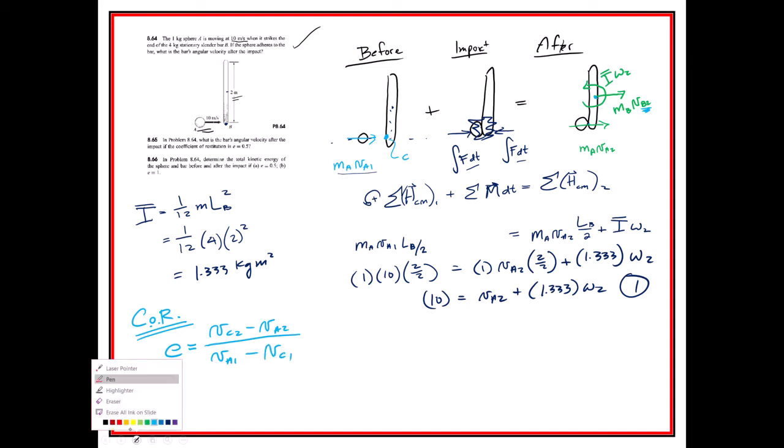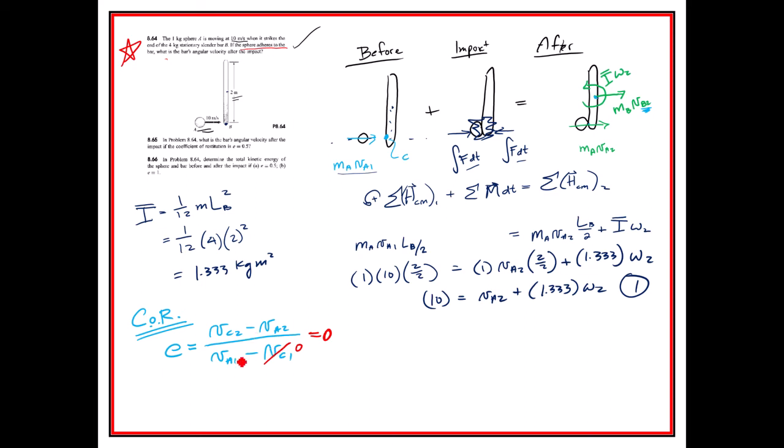Now, it just so happens as part of this that VC1 is going to be 0. And we know that if the sphere adheres, that means that E is going to be equal to 0, in this case right here, this first part.